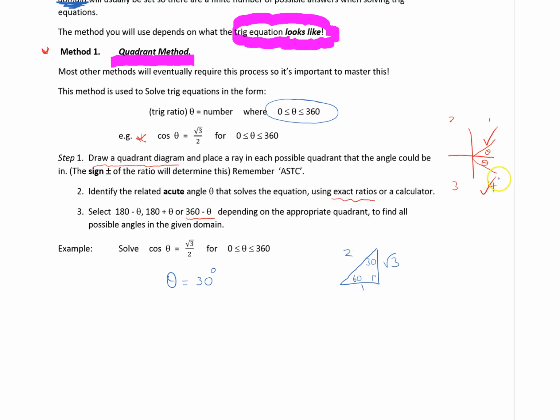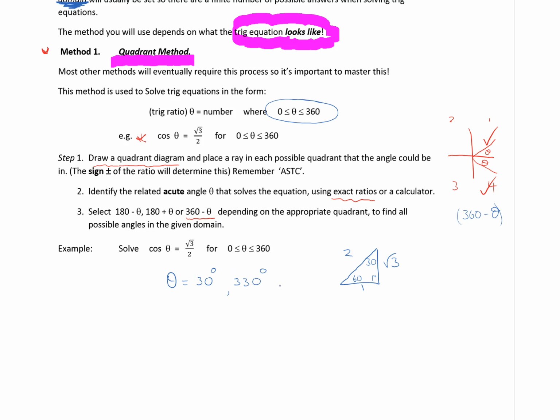But I also know that cos is positive in the 4th quadrant. In the 4th quadrant, we name our angle as 360 minus the acute angle. So using that, we want 360 minus our 30, which is 330 degrees.